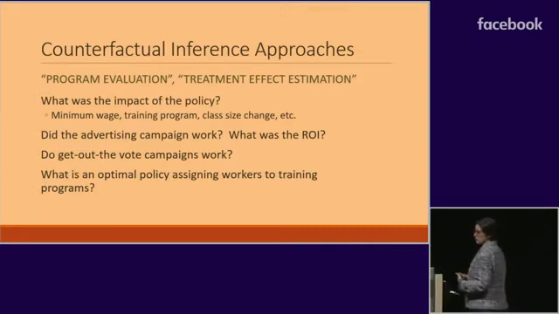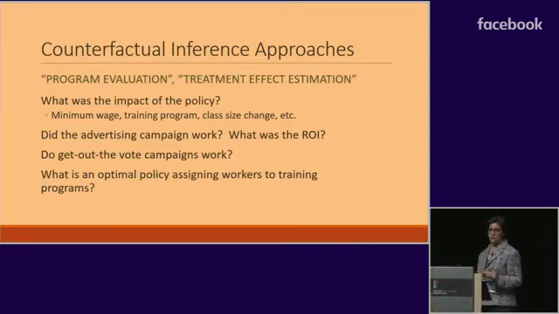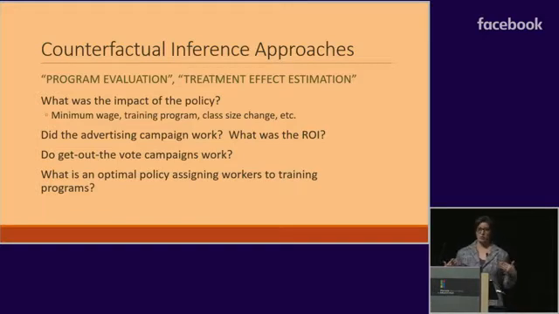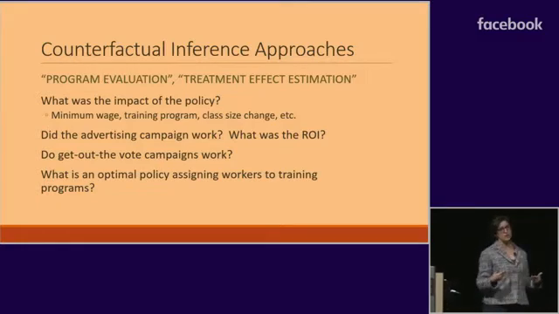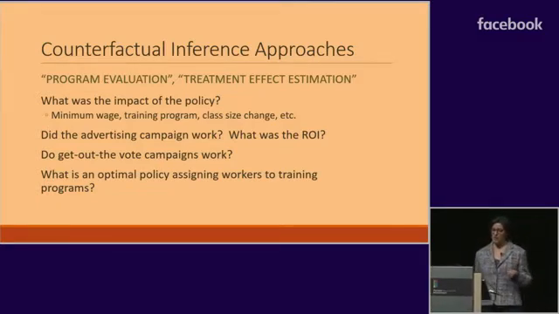So these types of problems have been hitting us for a very long time, even in a world where we didn't have a lot of data. Training programs have also been a really important and active area. Big literatures on what's the effect of reducing class size for kids. In the more modern economy, one of the biggest applications of this literature is advertising effectiveness.